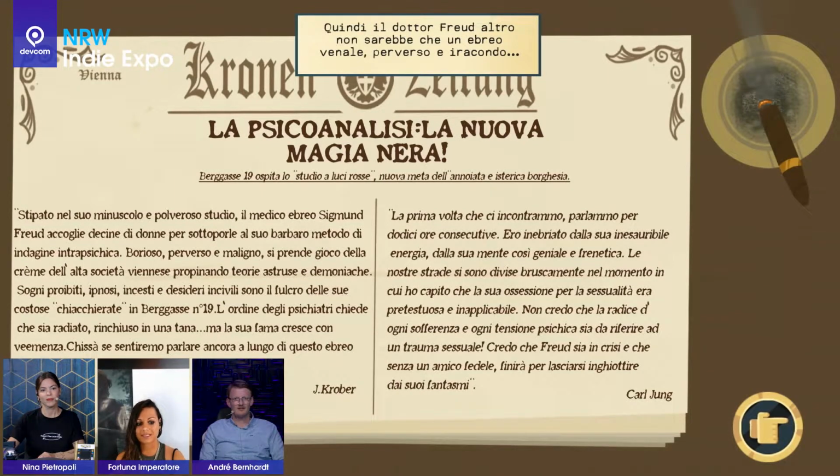Remember that psychoanalysis is considered black magic. Freud is defined as a cocaine addict Jew. This part of Freud's life is true, but over time has also been misinterpreted. Freud began to use cocaine, which was a substance at the base of some drugs.